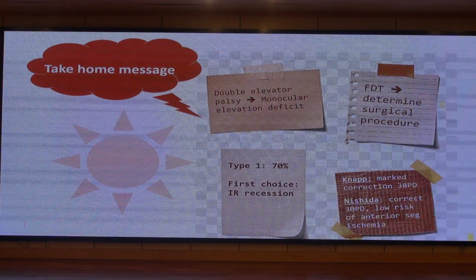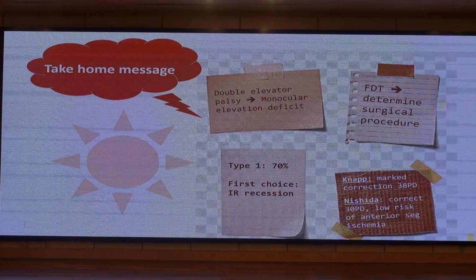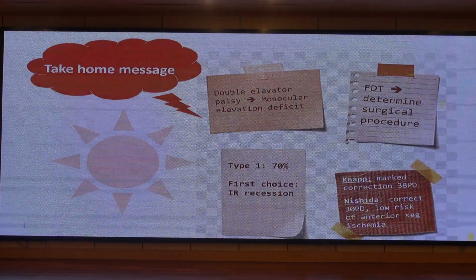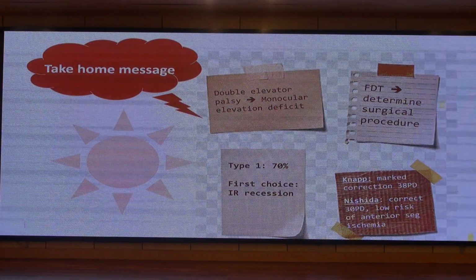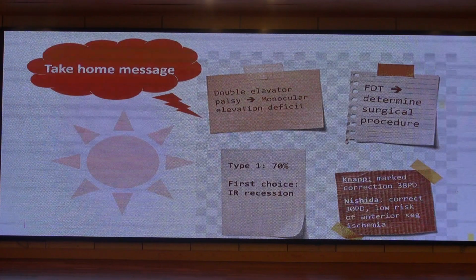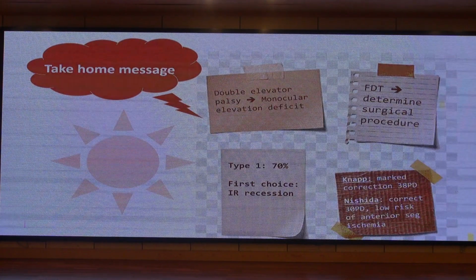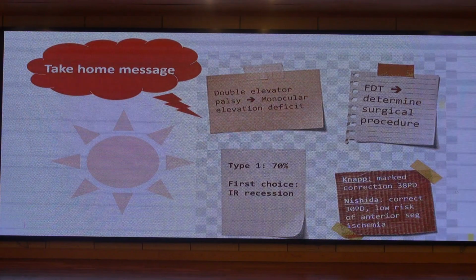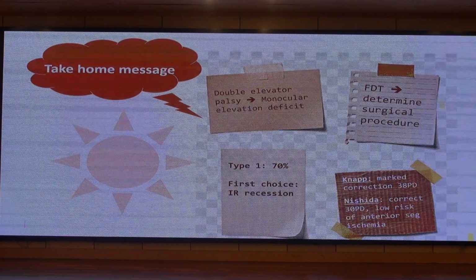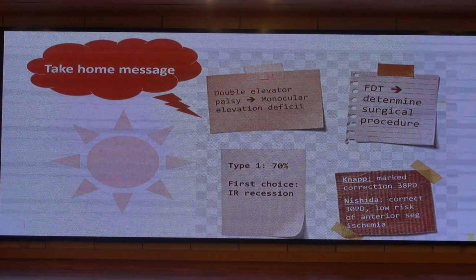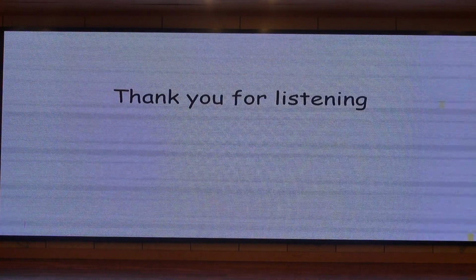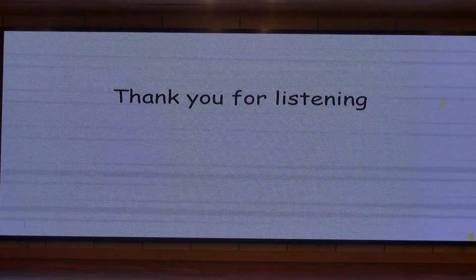Thirdly, type 1 is the most common, accounting for 70%, and the first choice of management is inferior rectus recession. And lastly, Knapp can correct a large deviation but has a high risk of anterior segment ischemia. And Nishida has a low risk of anterior segment ischemia and corrects up to 30 PD. Thank you for listening.